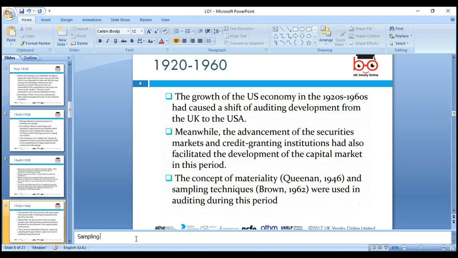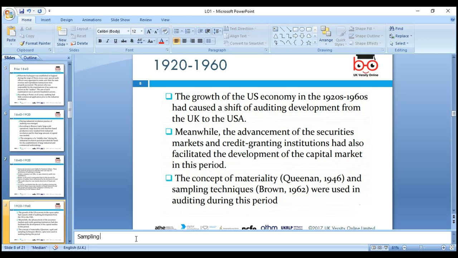So sampling is a technique to check, and a sample can be probability and random or non-random sampling. With quota sampling, you say maybe 10% of invoices you will check. If we want to check the views of the people, maybe we can take a 10% sample from the city, 10% from different areas, low, medium or high deprivation areas, and then we can add their views.